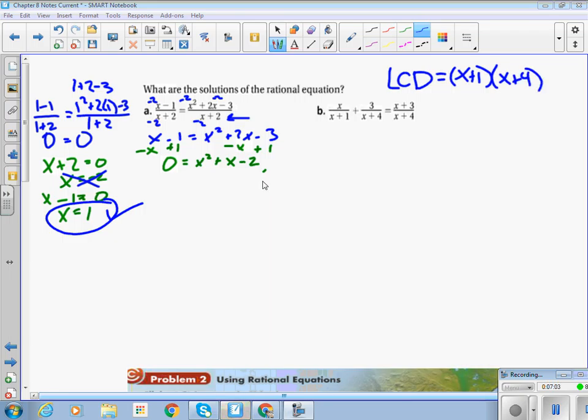So the one that already has the x plus 1, I'm only going to multiply it by x plus 4 on the top and the bottom. Actually, no. I'm going to just go ahead and multiply both sides by the least common denominator.